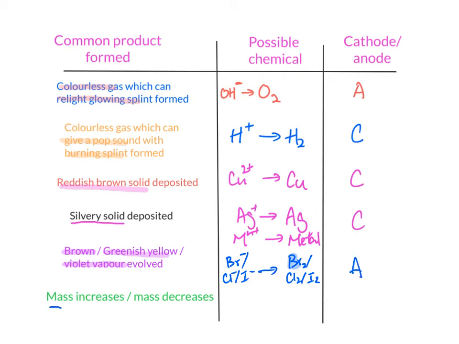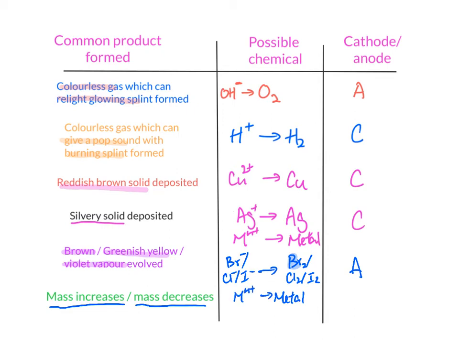Lastly, it's talking about the mass of the electrode. When the mass of the electrode increases or decreases, normally the mass increase is talking about some solid forming on the surface. A solid on the surface normally refers to a metal. So when the mass increases, normally it refers to some metal, and the metal must come from a cation.